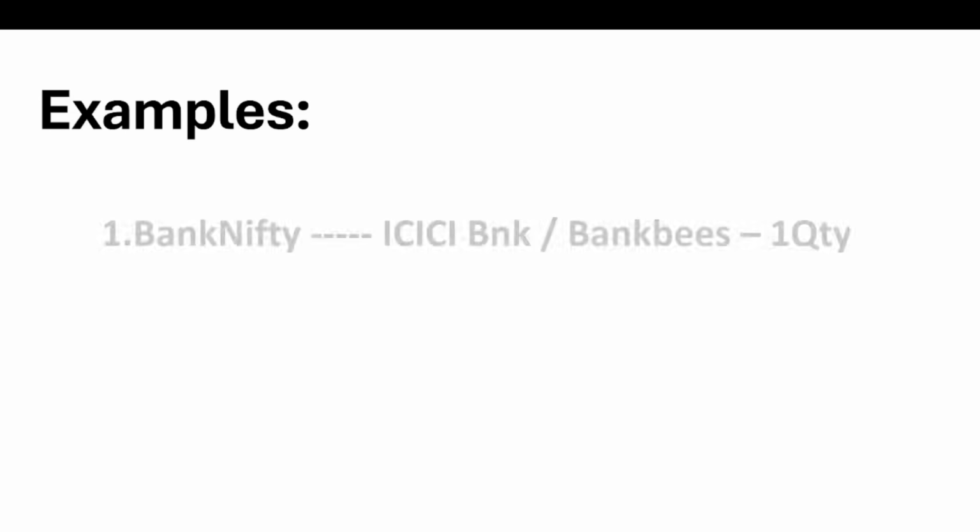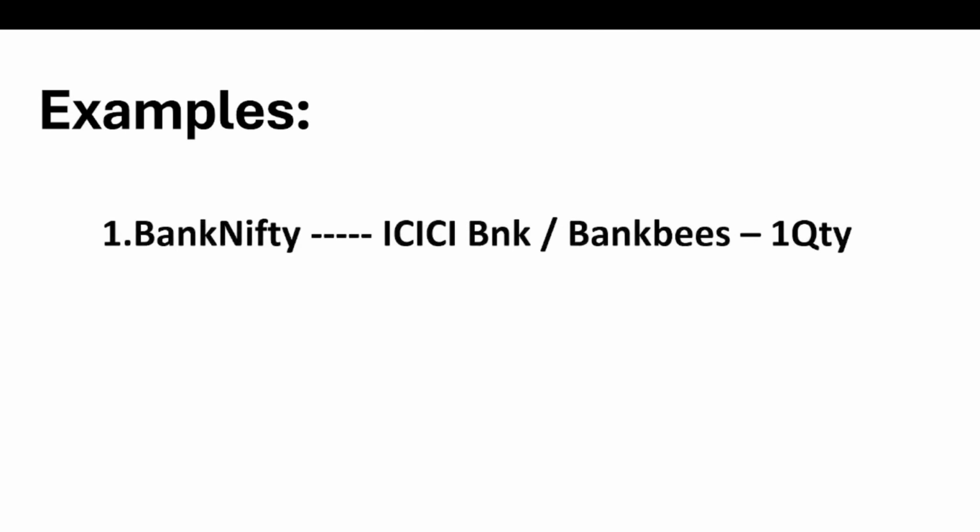For example, previously I used to trade Bank Nifty options, and when I needed practice, I used to do that on the ICICI Bank chart with just one quantity, because it has very similar price action to Bank Nifty. But you can also choose NiftyBEES, which is the actual ETF of Nifty.